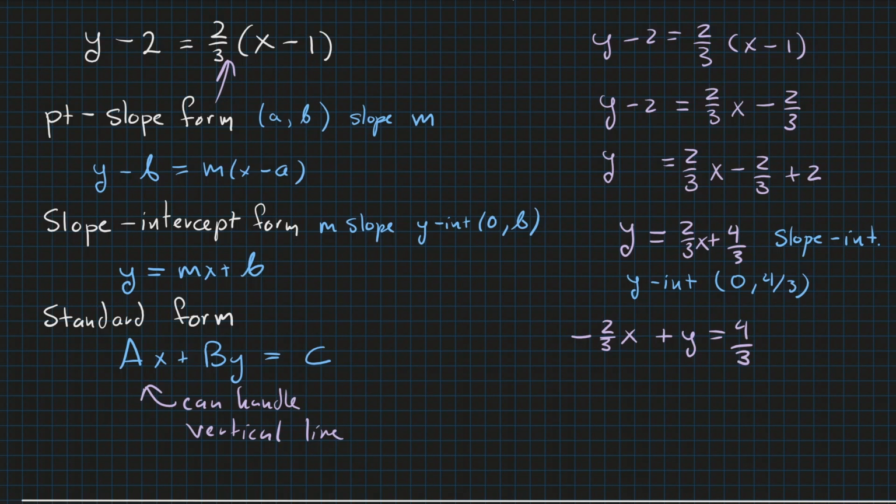Now, as I mentioned, we want these to be integers. So you don't want fractions or things like that. I mean, technically you can, but most people like these to be integers. So now I'm going to multiply the entire equation by 3. Doing that, I get minus 2x plus 3y is equal to 4. So now this is in standard form.